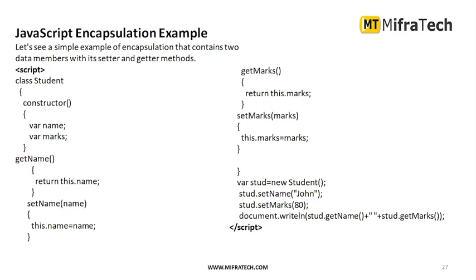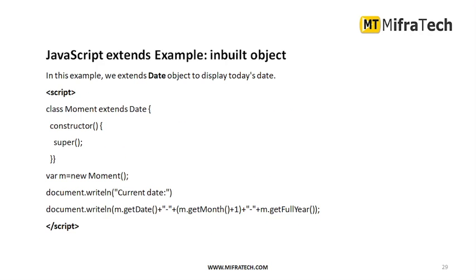A JavaScript extends example using an inbuilt object, the Date, within inheritance. Script: class Movement extends Date, constructor, super, variable m is equal to new Movement, document.write current date.